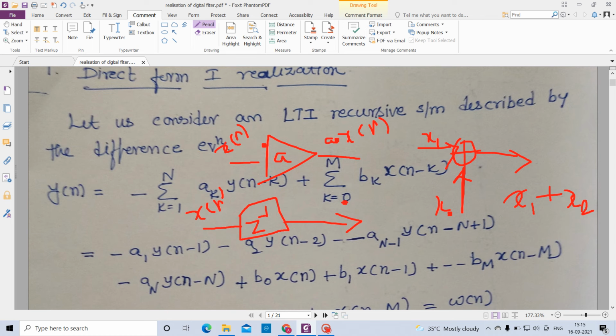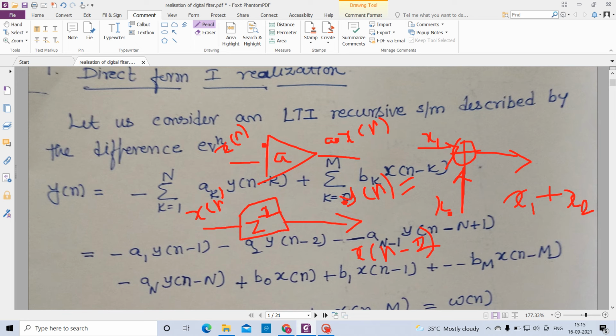So y of n is equal to x of n minus 1. For example, if the delay is 2, we represent x of n minus 2. If it is 3, we represent x of n minus 3.